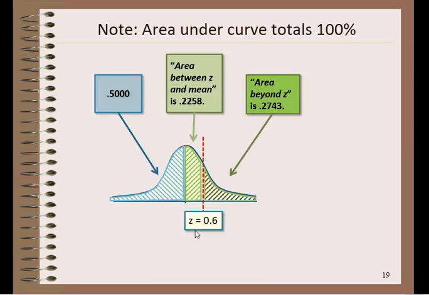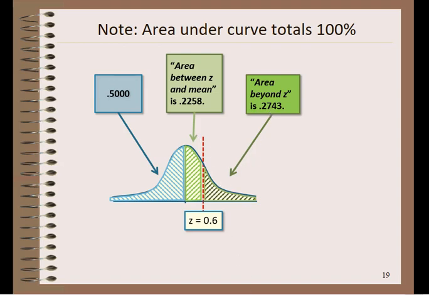So with that z-score of 0.6, it should make sense that you can easily identify three different geometry areas. One is the area between the z and the mean. That's one of the columns in the back of the book. And the other area is the area beyond the z, this area.